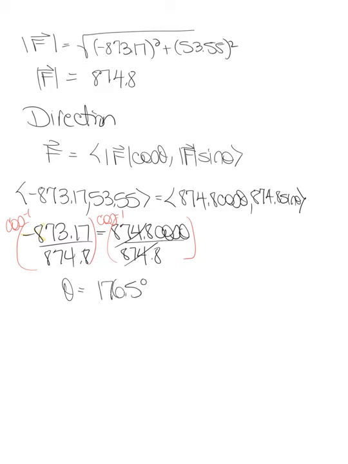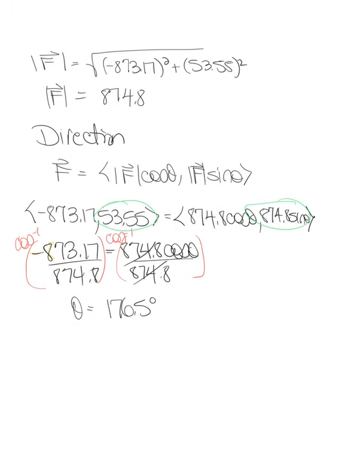If I use the other equation that I had here, which is that the 53.55 is equal to that, I'm going to get a different equation. And on this one, the theta that I get out of this equation is that theta is equal to 3.5 degrees.